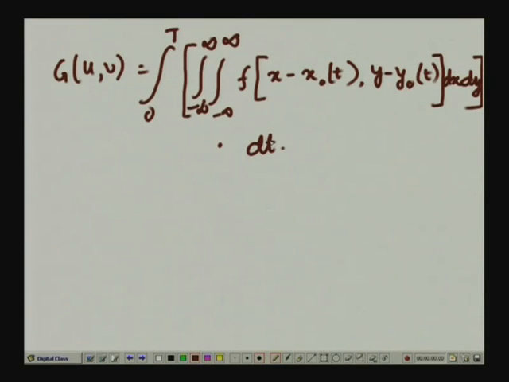Now, from this expression, you find that the expression within the bracket, sorry, there will be some more addition.